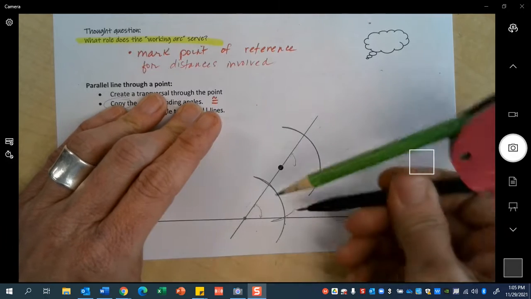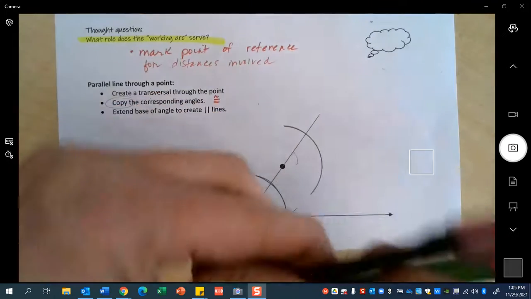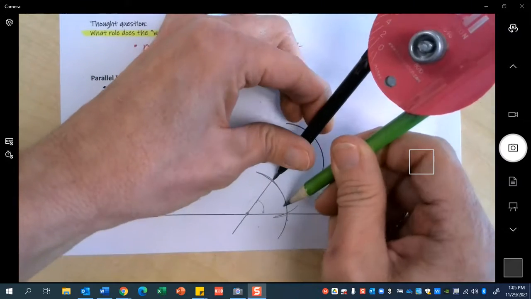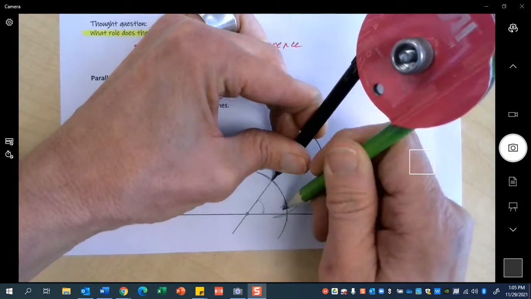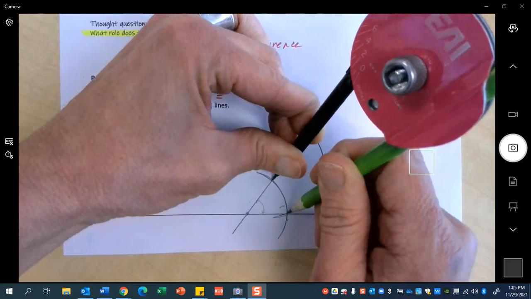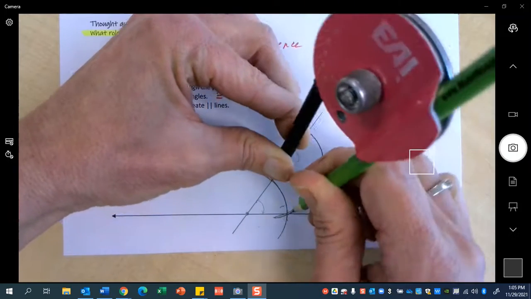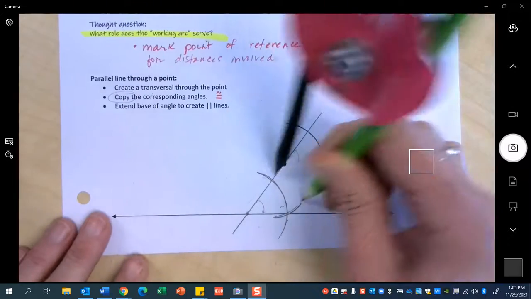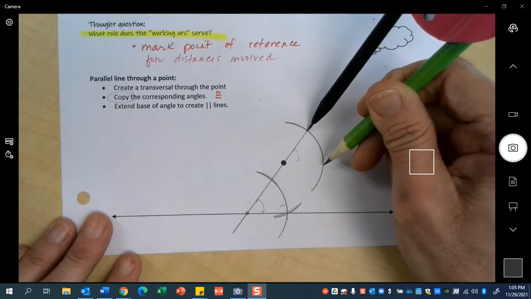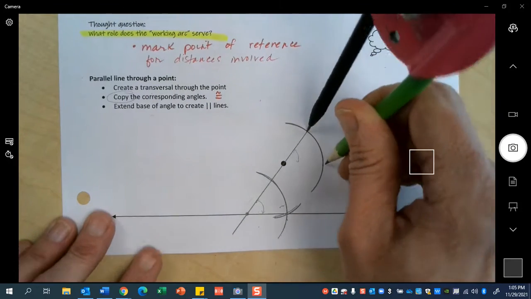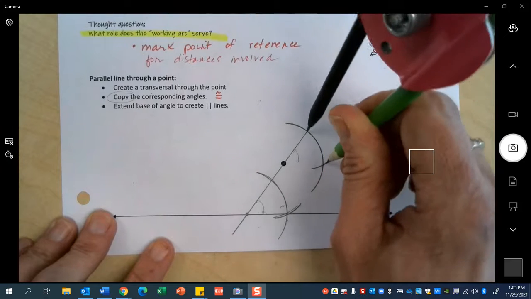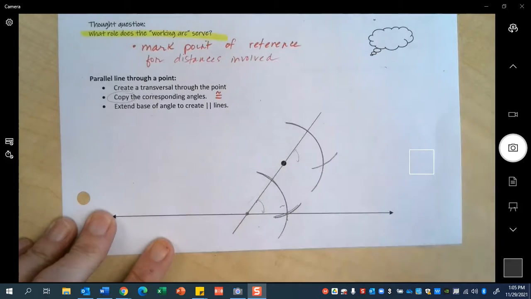If I was doing it with this tool, I could also put my point here and open up my compass and say, hey, everybody, this is the distance that I'm measuring. I put my point here and then repeat that measure or that line.